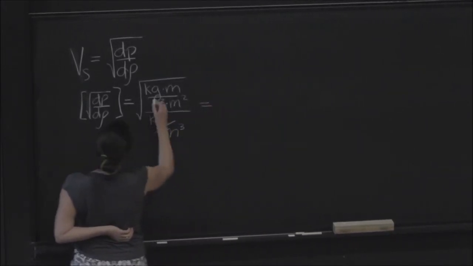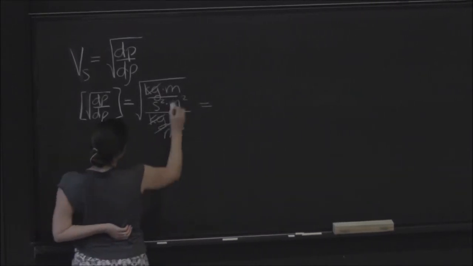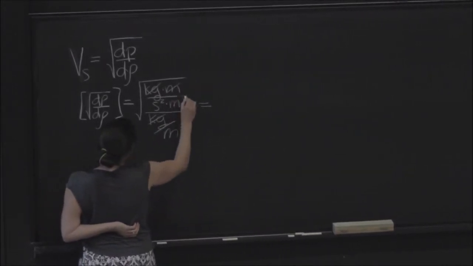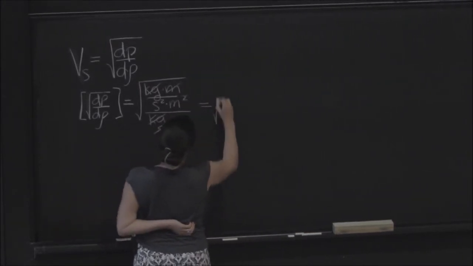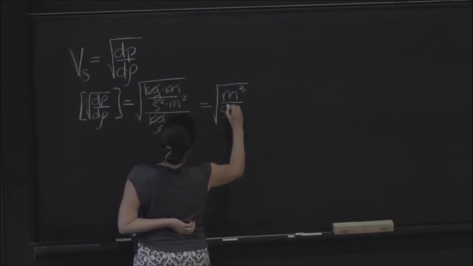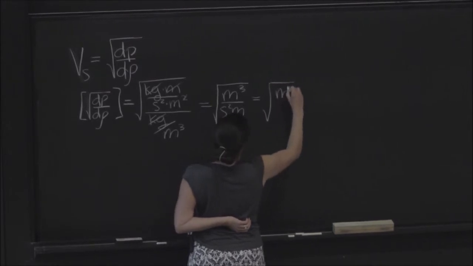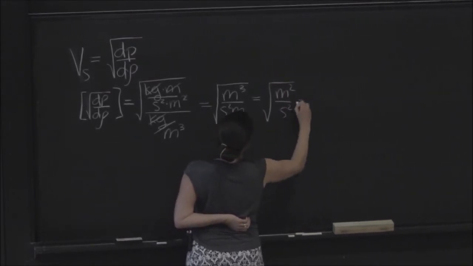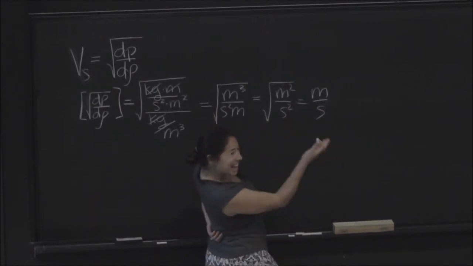It looks like our kilograms all cancel out, and one meter cancels with another. If we bring this up on top, we have meters cubed over second squared meters. That looks like the square root of meters squared over seconds squared, which is meters per second. Ta-da!